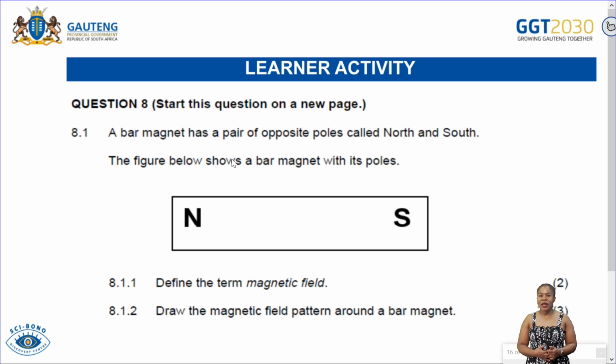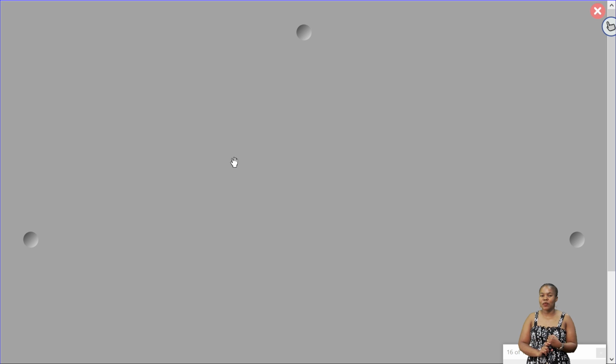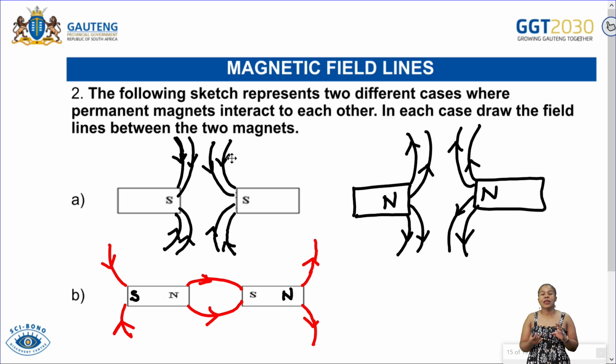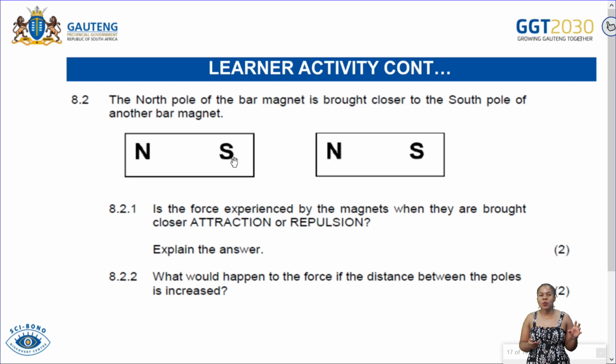8.1.2, draw now a magnetic field pattern around the bar magnet. What you need to remember is that the magnetic field lines never cross each other. They always run from north to south pole on the outside, and the magnetic field strength is more concentrated at the poles. They are continuous.